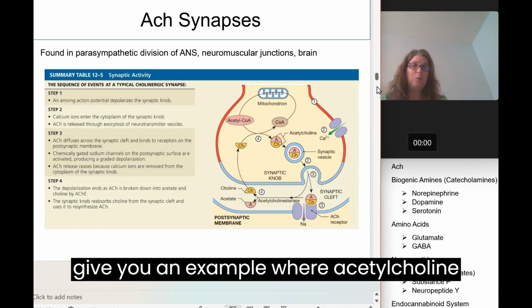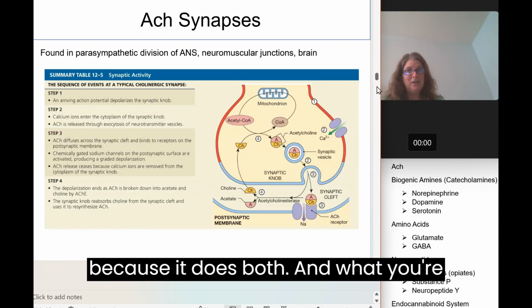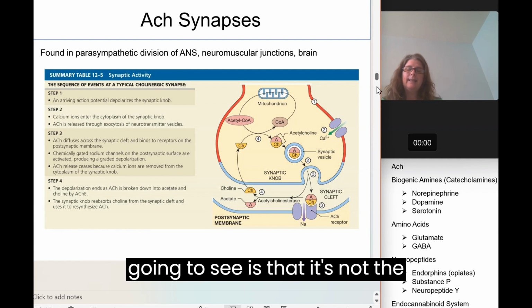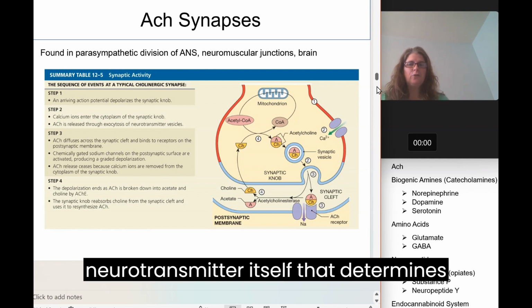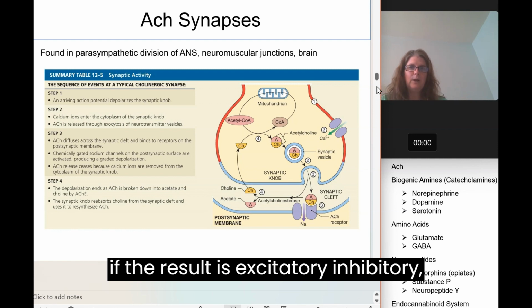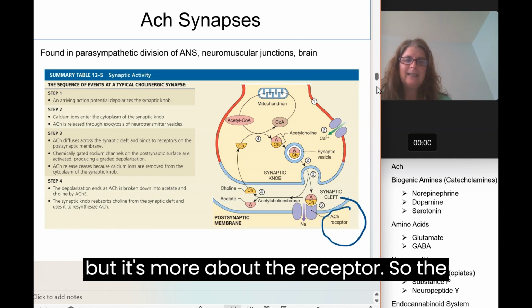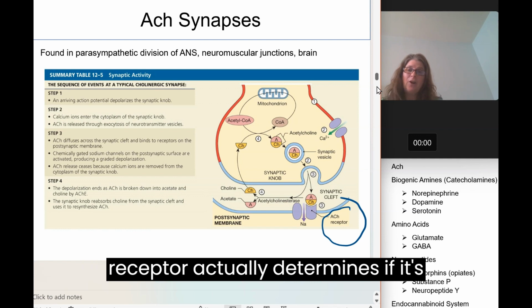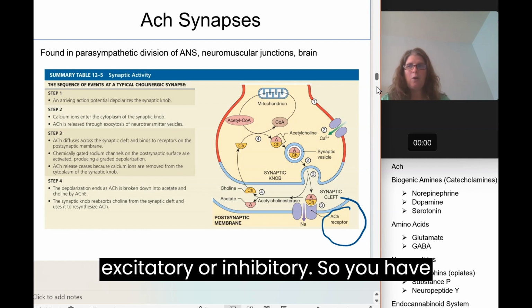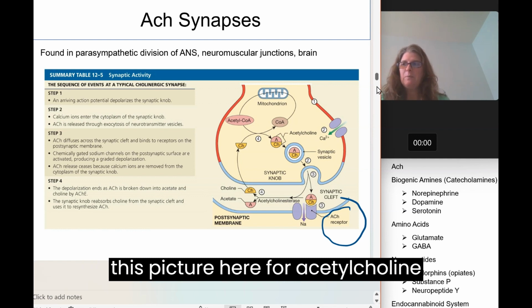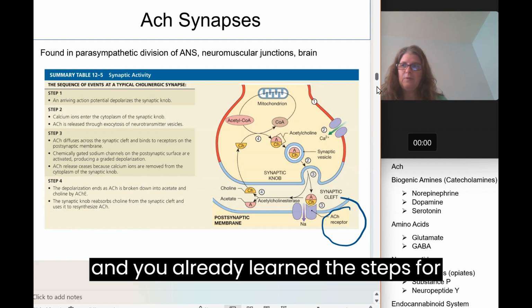Now, I'm going to give you an example with acetylcholine because it does both. And what you're going to see is that it's not the neurotransmitter itself that determines if the result is excitatory or inhibitory, but it's more about the receptor. So the receptor actually determines if it's excitatory or inhibitory. So you have this picture here for acetylcholine, and you already learned the steps for acetylcholine.